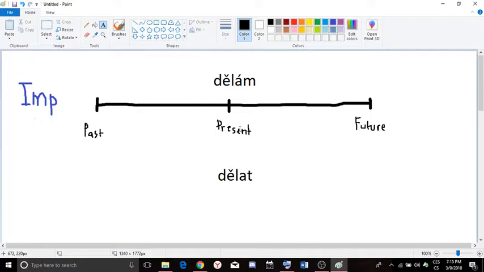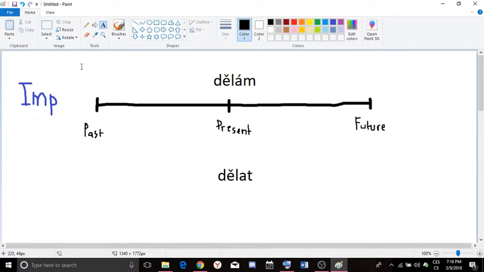You use imperfective because you don't know what it is I'm doing. It's vague, it's ongoing. And I say, já dělám domácí úkoly. I'm doing my homework. This means that as I'm on the phone right now, I'm in the process of doing my homework. I started it, and I'm currently working on it, and I intend to keep working on it, but I have not yet finished doing my homework.